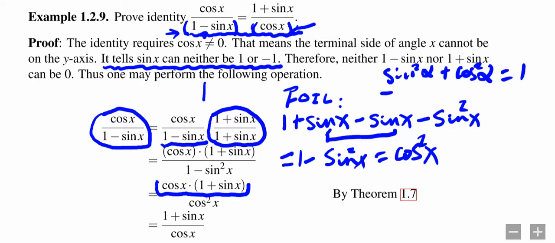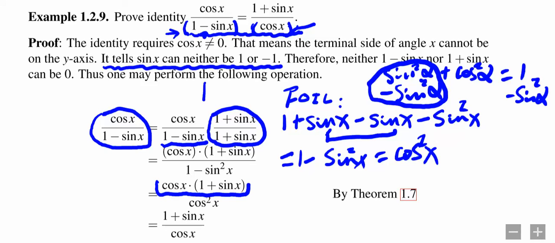Then you subtract sine alpha squared on both sides, you get those two cancelled, so you have cosine alpha squared left. In this case, we have cosine x squared left.